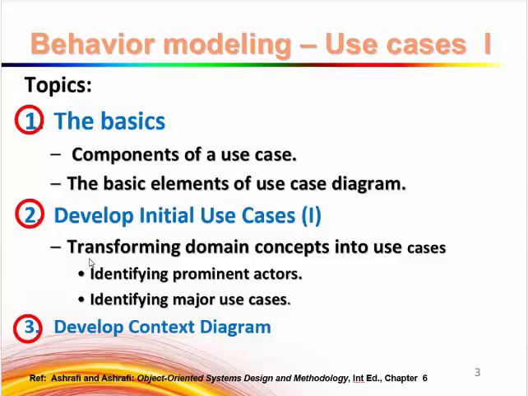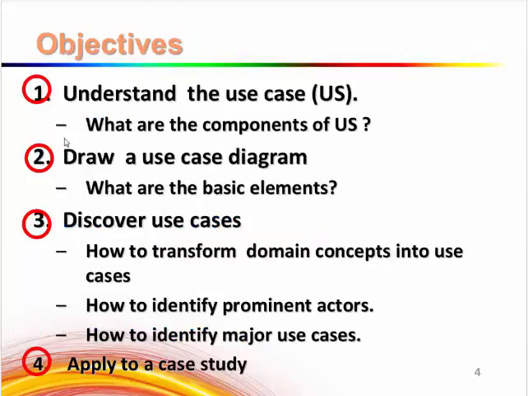You will describe the interactions of the actors with the system to achieve the goal of the prominent actor. The last topic is to develop a context diagram, a simple description of interactions between outside entities and the designed system. The objectives of this lecture.